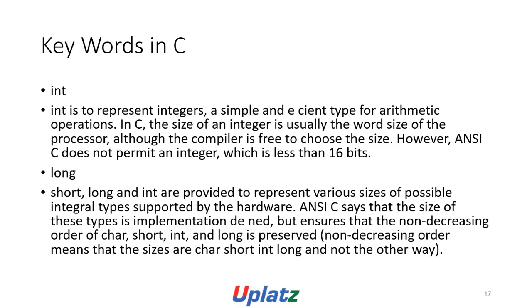ANSI says that the size of these types is implementation defined, but it ensures the non-decreasing order of char, short, int, and long. Non-decreasing order means that the sizes are char, short, int, long, and not the other way.